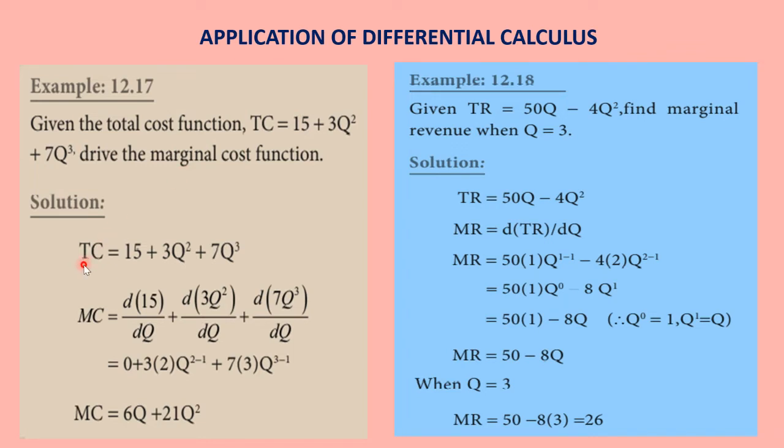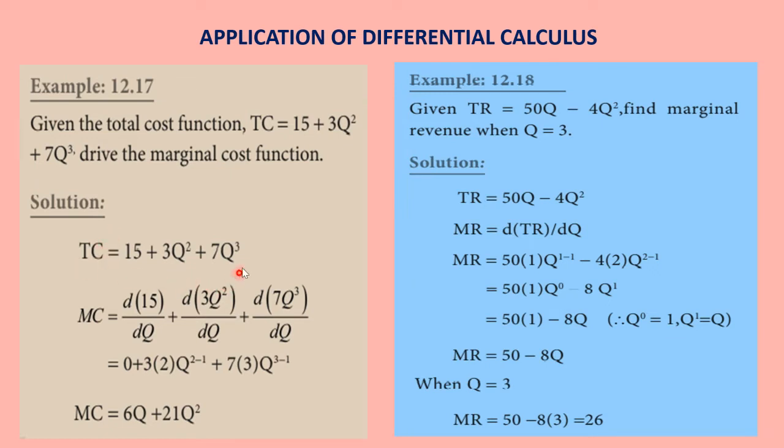So the solution is TC is equal to 15 plus 3q square plus 7q cube. I've just written the problem here. So from TC, how do I arrive at MC? For calculating MC, we just have to differentiate this equation.